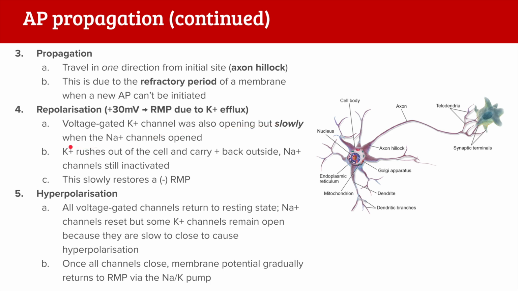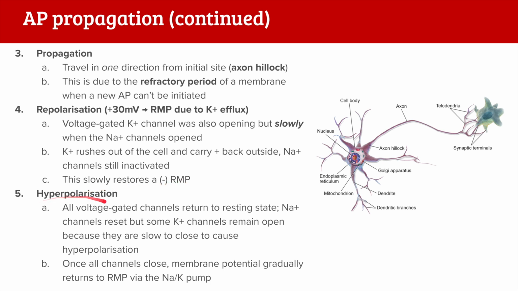So after the sodium channels have opened and closed, this is when potassium flows out of the cell, because these channels are now open, and they carry the positive charge back outside. First, when sodium flows in, it brings positive charge inside, but then the potassium channels open and potassium brings positive charge back outside. So this slowly restores the negative resting membrane potential.